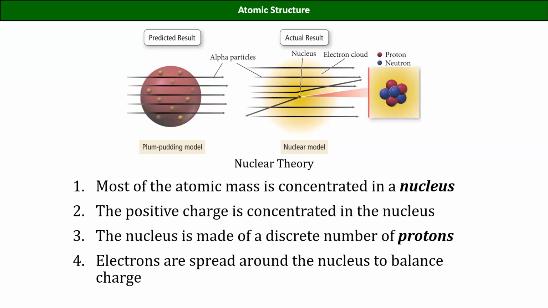And the other thing is, if the electrons exist as tiny discrete particles, it's not a plum pudding of positive charge where you just have a random amount of positively charged stuff. You actually have a discrete number of what they call protons.